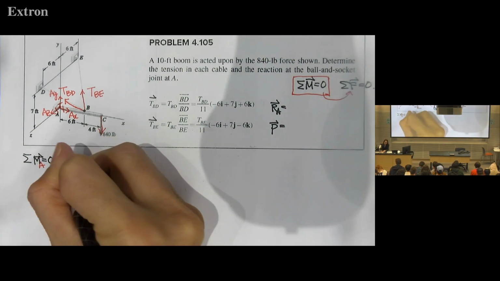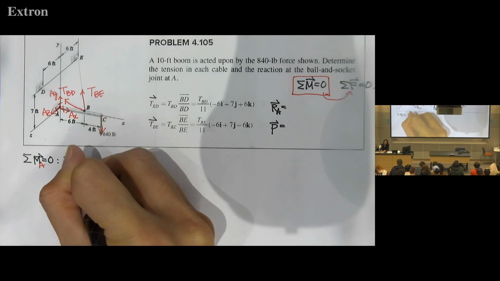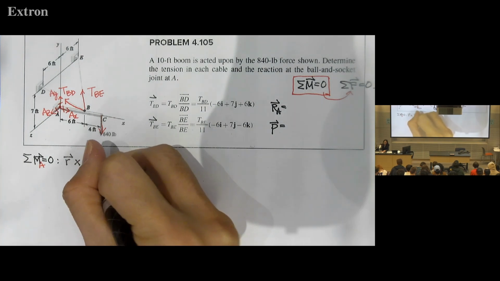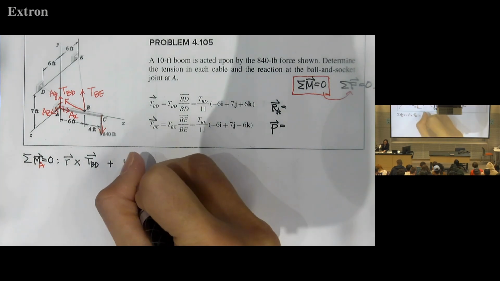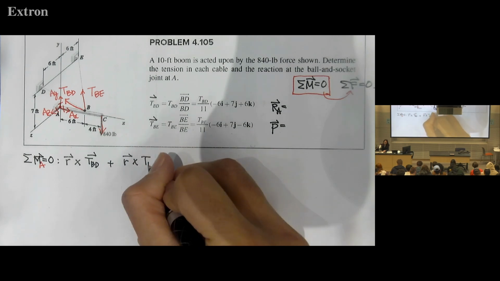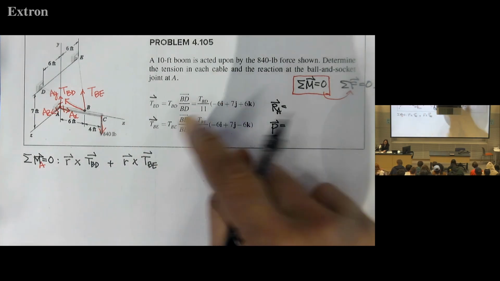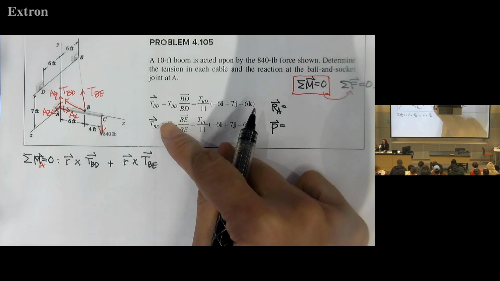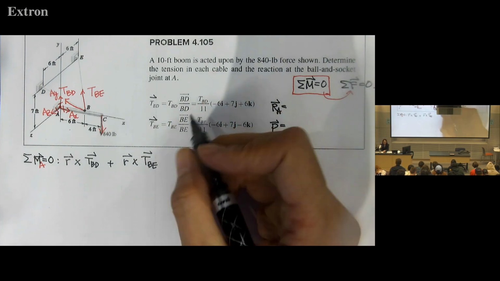Let me write it down like this. R cross F. The first one, let's use TBD. The second one, R cross TBE, the second force, this one. We'll figure out what the position vectors are later together.